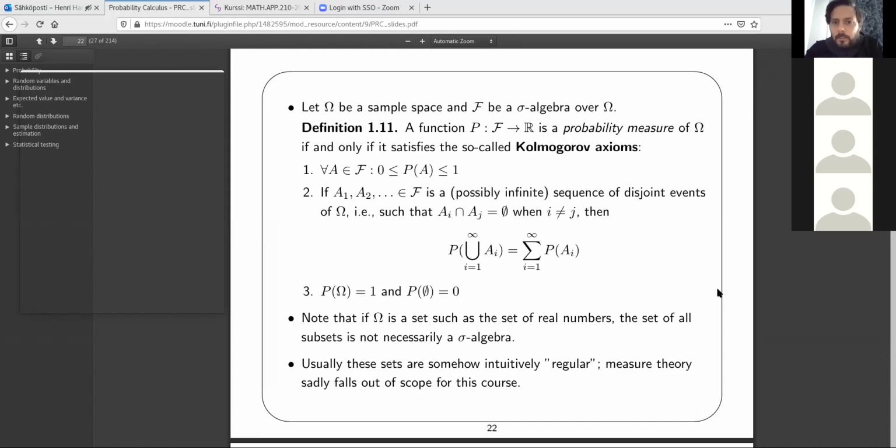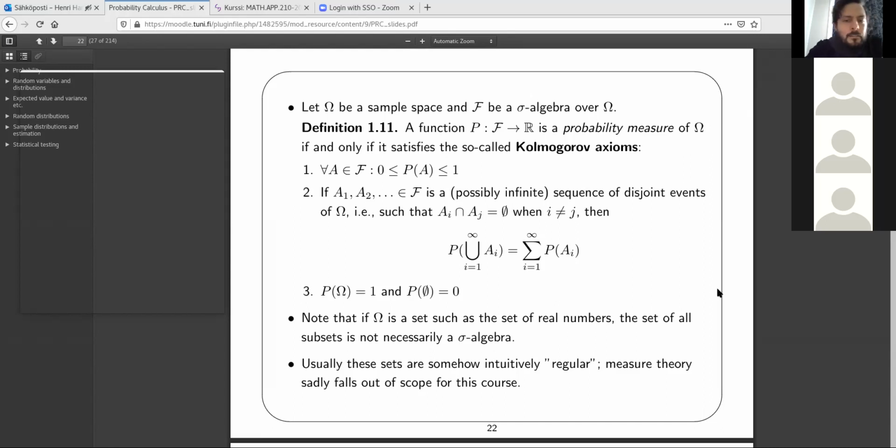Only one of them can happen. The probability that 1, 2, or 3 happens, or the union, the outcome comes from the set of 1, 2, and 3, is simply the sum of the probabilities of these 3. And this extends to infinity, so that if these are disjoint events, then their probabilities are added together.